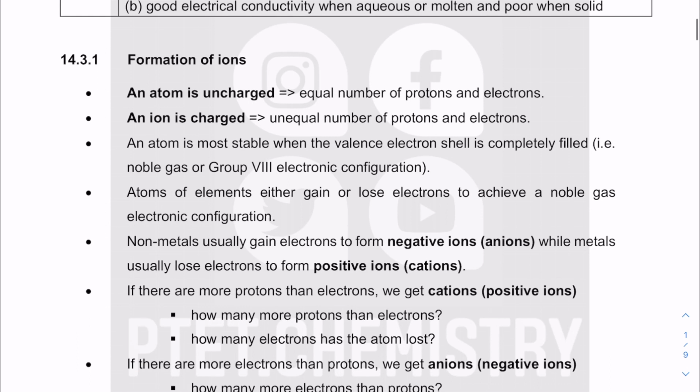So talking about the formation of ions, as I said, an atom is uncharged. If an atom is uncharged, it's a result of equal number of protons and electrons. When we did electronic configuration, let's say we draw nitrogen on your periodic table.